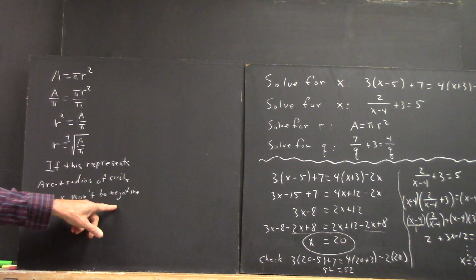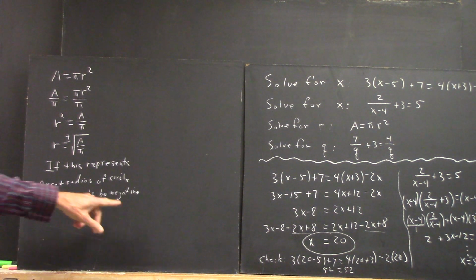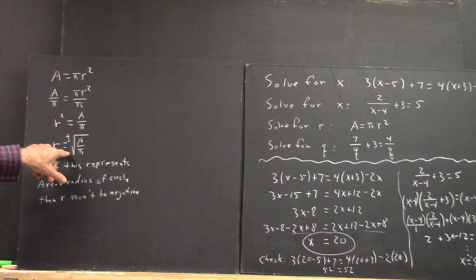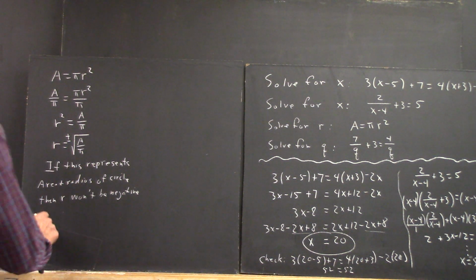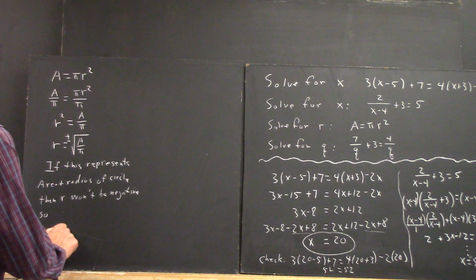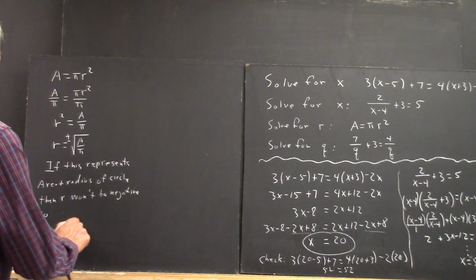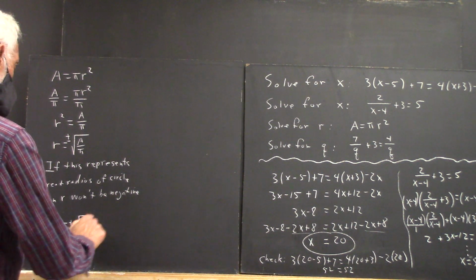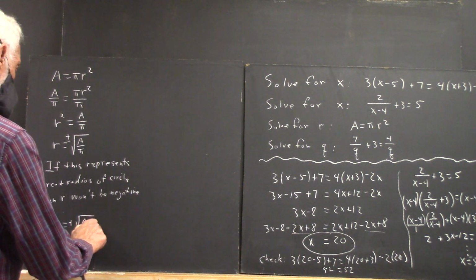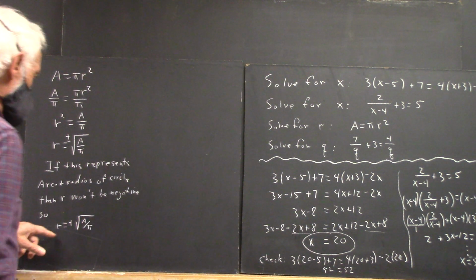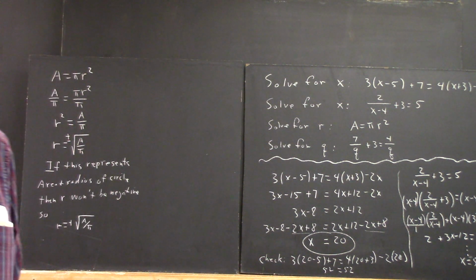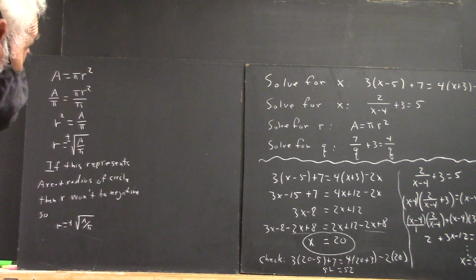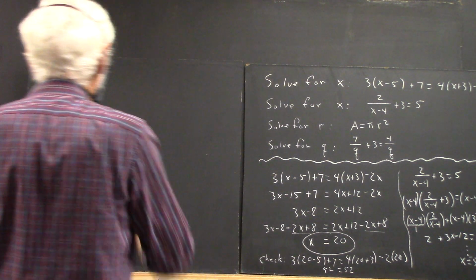Then, as often happens, but not always, your solution can't be negative. Radius is a positive number. You don't have to write the plus. I'm just going to write it for emphasis. You could just write R equals square root of A over pi. Okay? So, that's it.